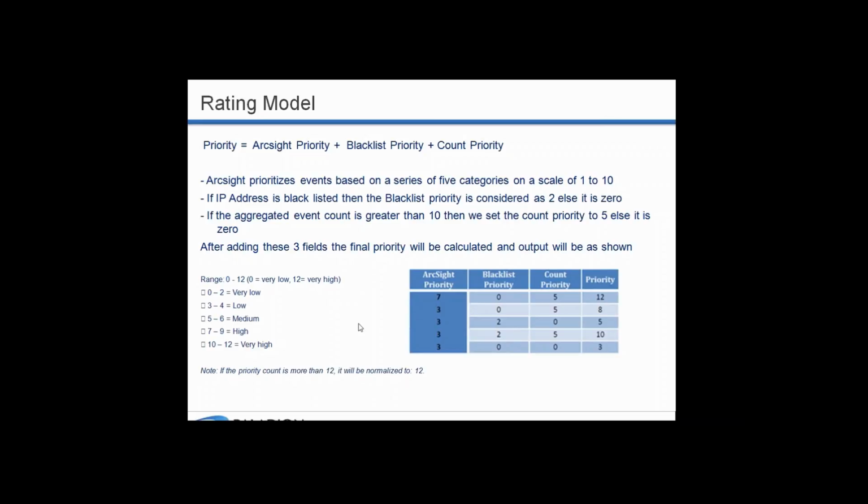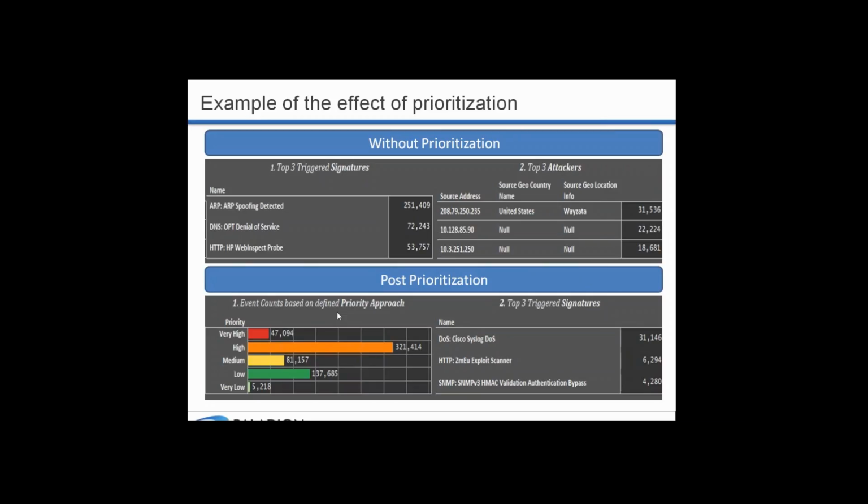So these prioritized events are used basically to identify our key events. Just to give you an example of the effect of prioritization. Initially, when we look at the top triggered signatures without applying a prioritization model, we found ARP spoofing detected was the top signature triggered, and then we had the OPT denial of service, and then the HP WebInspect probe as another signature.